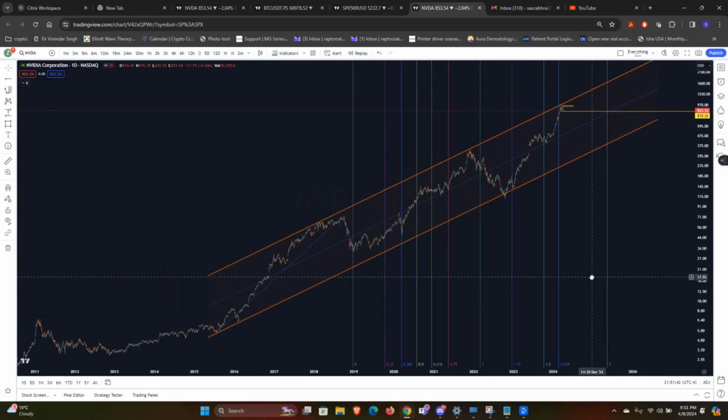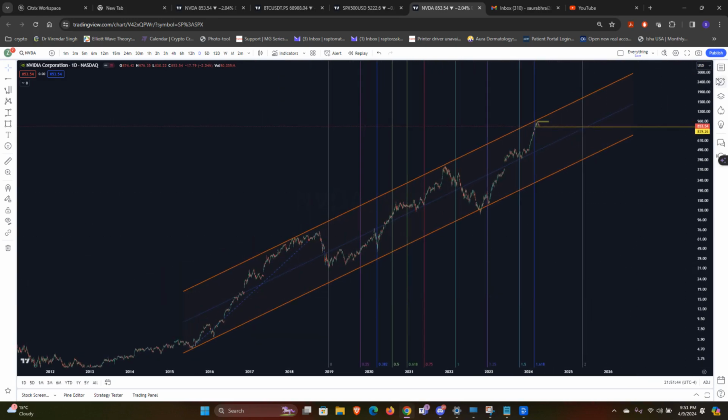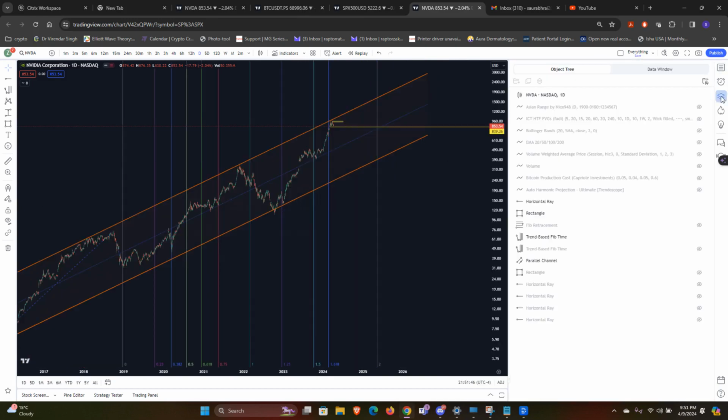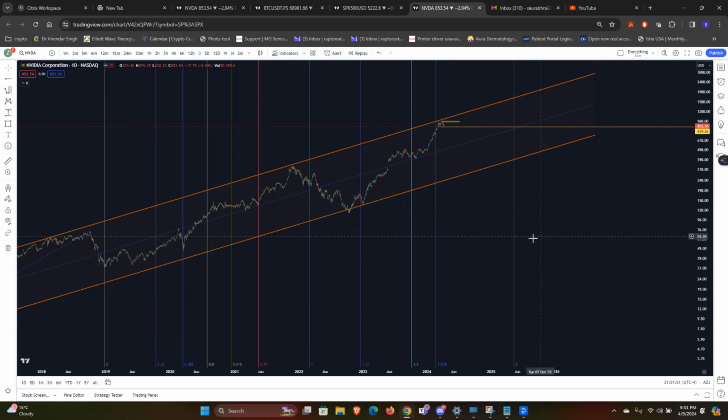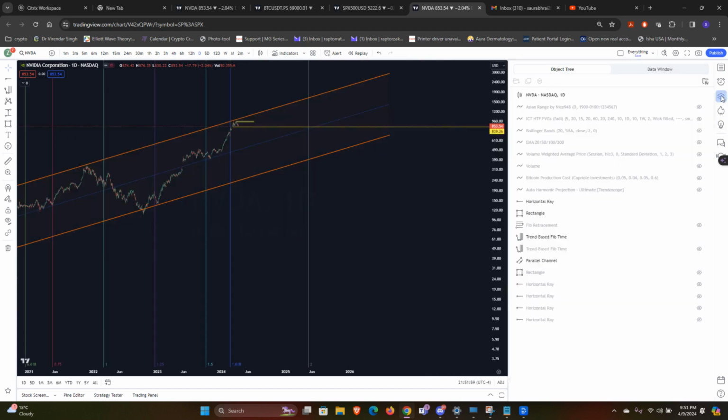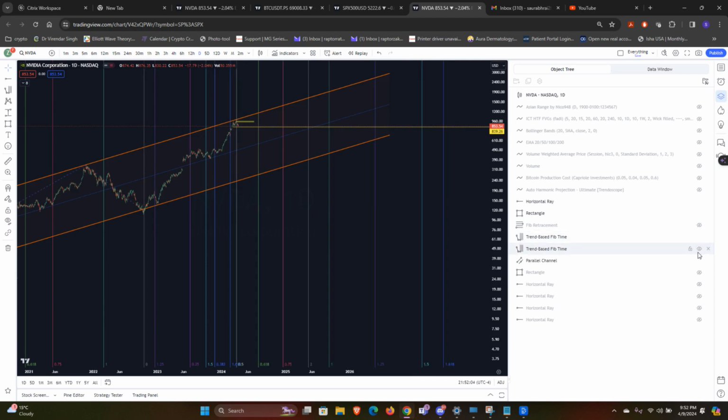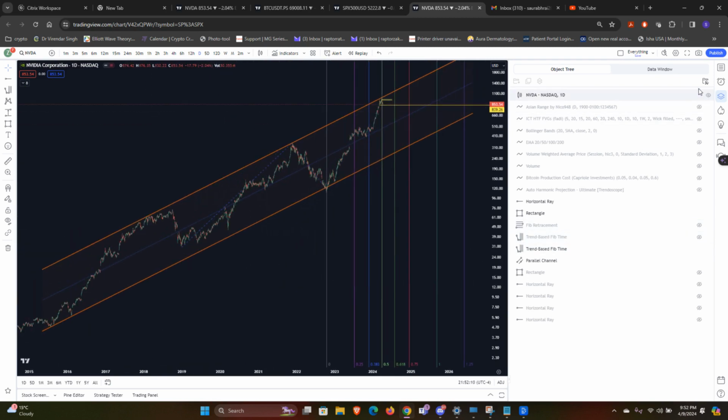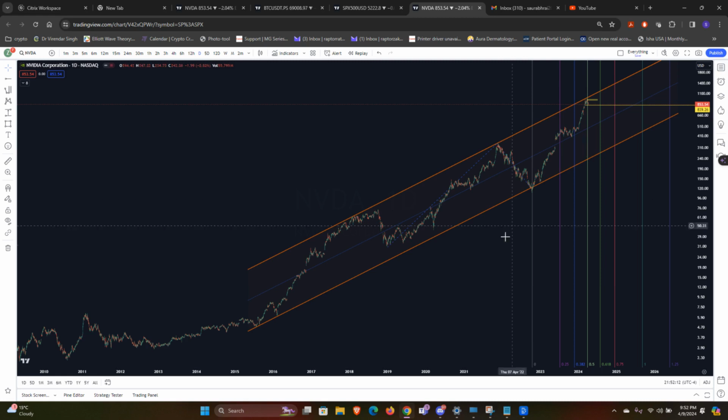Let me hide this and bring in another. Notice one thing: right now we are hovering near 1.618. And this is another time fib pull, from this low to this high to this low.